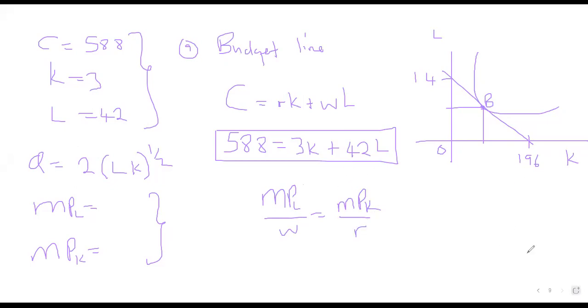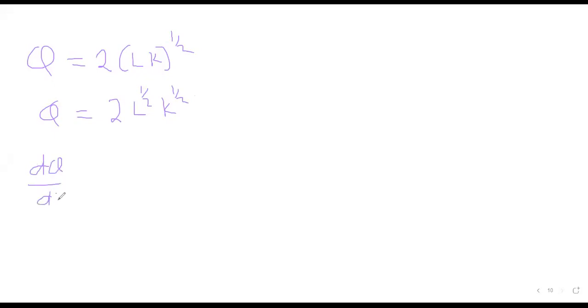So let's differentiate this production function, 2LK to the power half. We distribute the halves there, so we have L to the power half and K to the power half. Let's differentiate our production in terms of labor first. This is called the marginal product of labor. What is our dummy in this case?